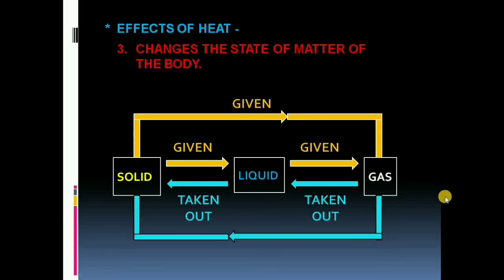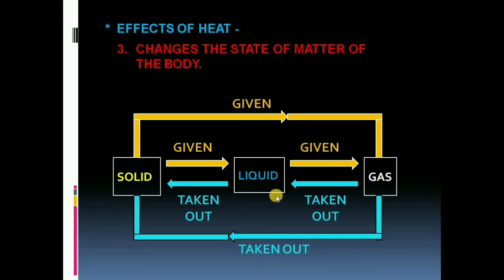And there are some substances, when the heat is taken out, when they are cooled, those substances will directly convert from gaseous state to solid state. So that's called desublimation.